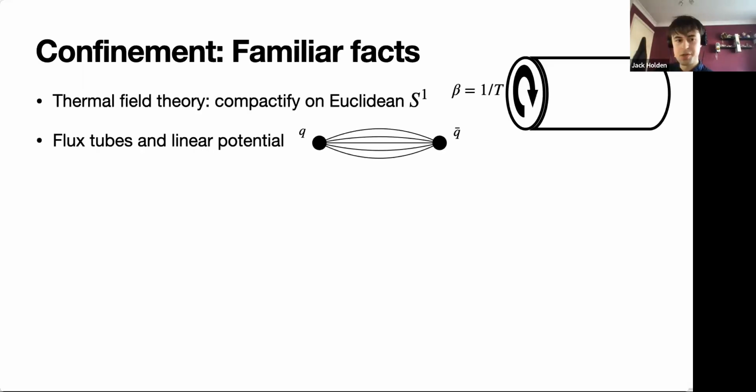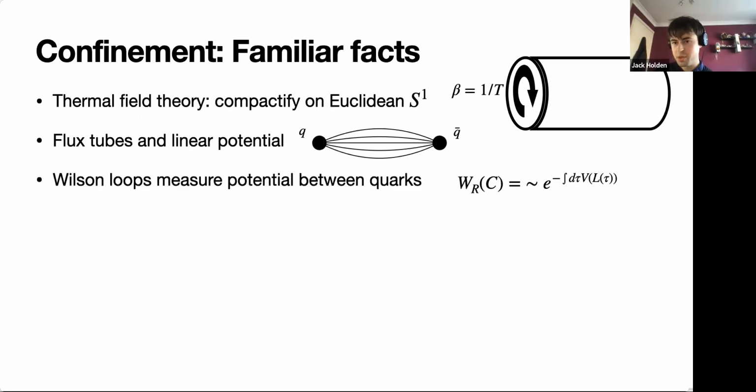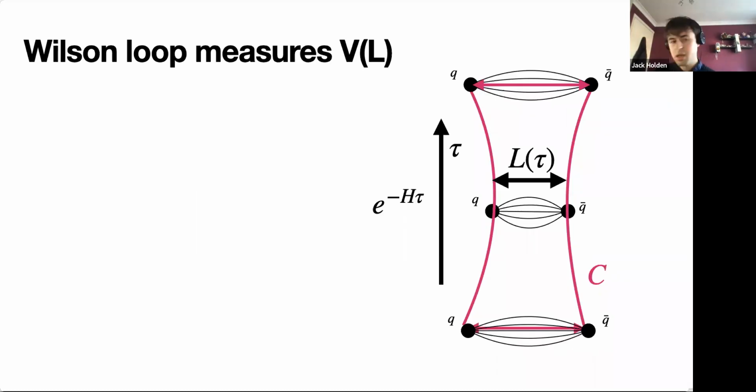So that was the flux potential, but we need a precise gauge invariant way to talk about the potential between quarks, and for that we have the Wilson loop. The Wilson loop is the trace of the holonomy and is gauge invariant, and if it's taken in the fundamental representation, it can be thought of as an insertion of non-dynamical quarks, and then what's measured is the potential between the quarks. You can see this in detail using the operator formalism, but I'll just show it here heuristically now.